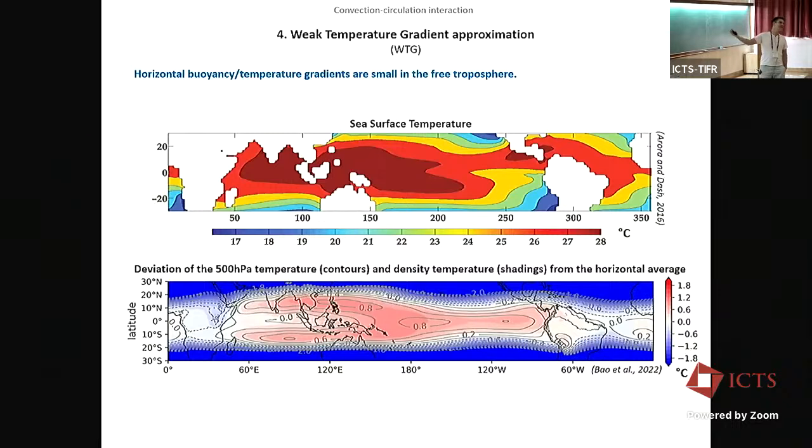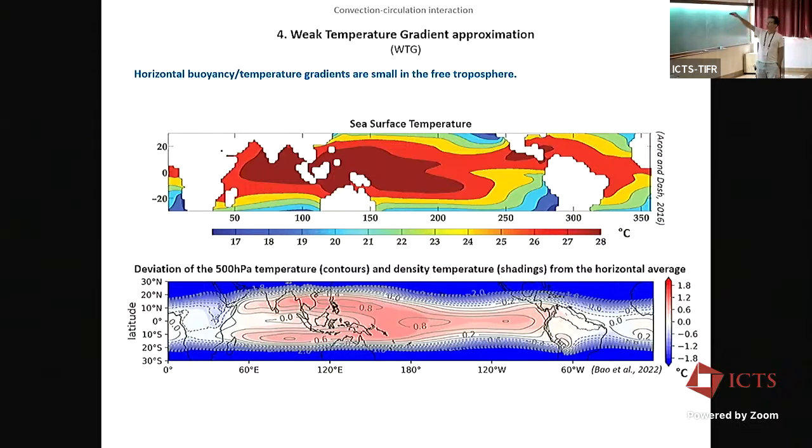They are weak if you consider the SST. If you compare to the SST, they are significantly smaller. Here you have the SST in the tropics, here you have the temperature in contours and density temperatures or virtual temperature in shadings at 500 hectopascals.